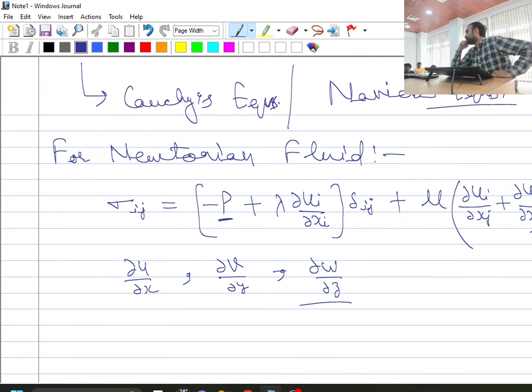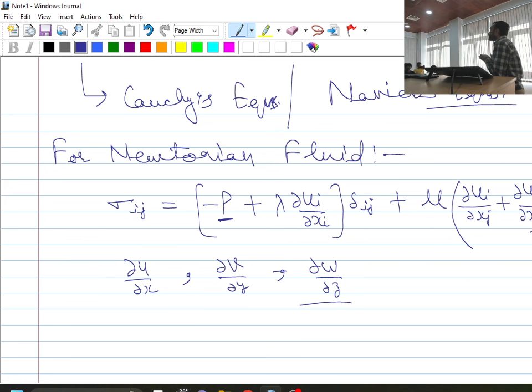If I am having strain, then corresponding to that strain I will be having some stress also. But from this strain, if I have to calculate the stress, then I must multiply some constant of proportionality. For example, you have Hooke's law in solid mechanics. What is Hooke's law? If you have to write stress, it is nothing but Young's modulus times strain.